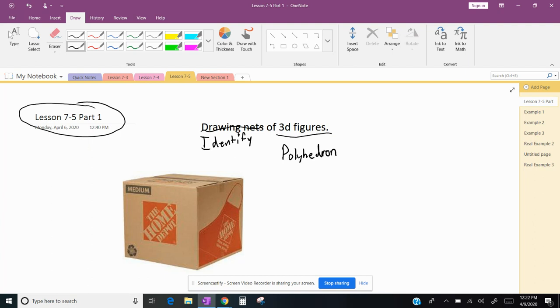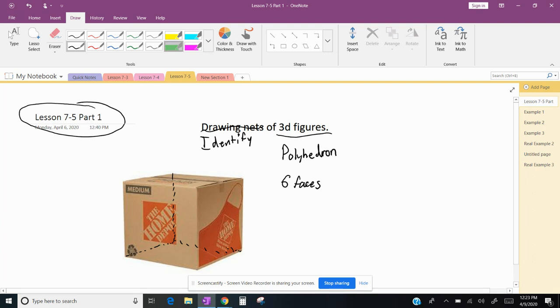I'm going to make this so we can kind of see through this box. Okay, and now if we think of it as clear, we know that box is going to have a top, a bottom, a right side, a left side, a front, and a back. In all, this box would have 6 faces.